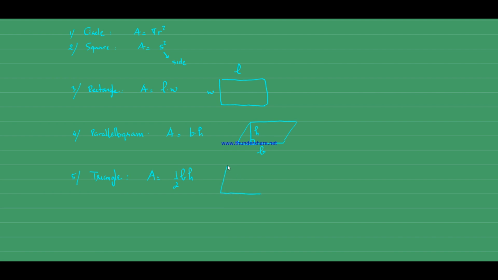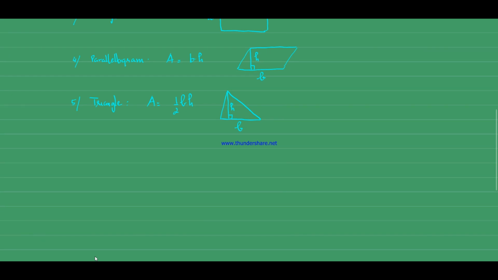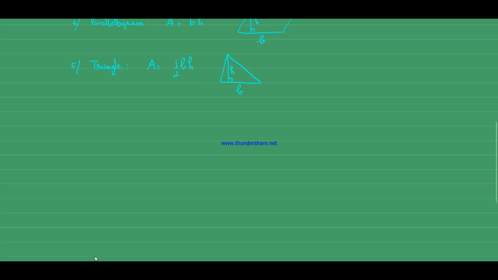We have the height over here, the altitude, and we have the base, this one. So 1/2 base times height, and we also have the formula to find the area of a trapezoid.